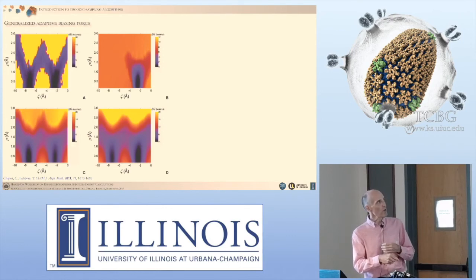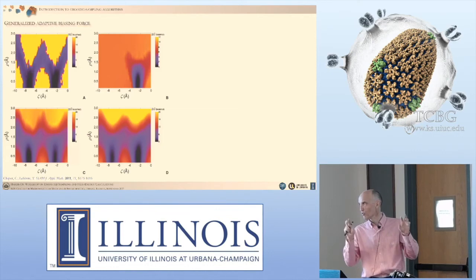We reconstructed the pseudo potential of mean force, and used that as a starting point of a real two-dimensional free energy calculation. That really accelerates it. That saved us time, a factor of 3.